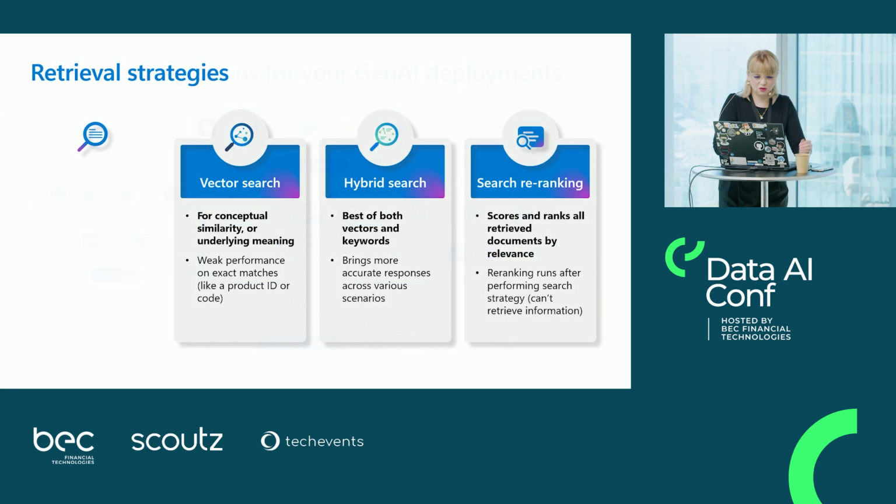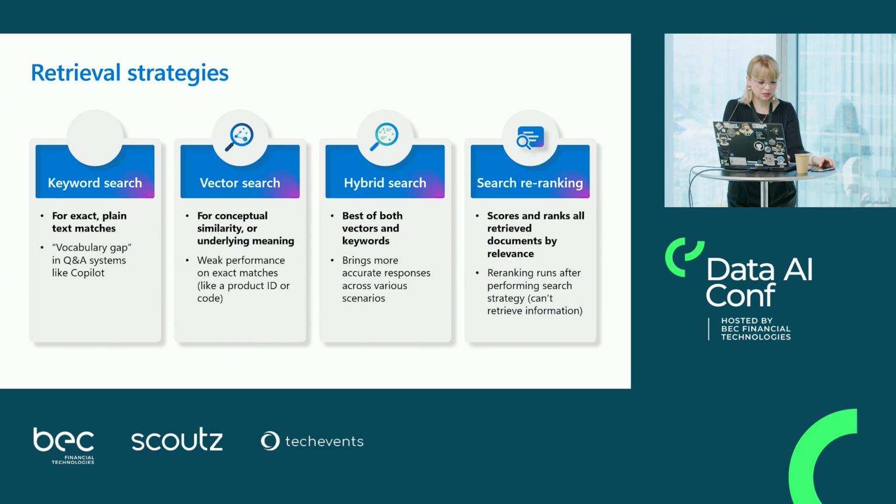And why it is important is that the quality of what the end user sees on the front end is really related to your retrieval strategy, because based on the quality of that retrieval, you can bring related or unrelated information.